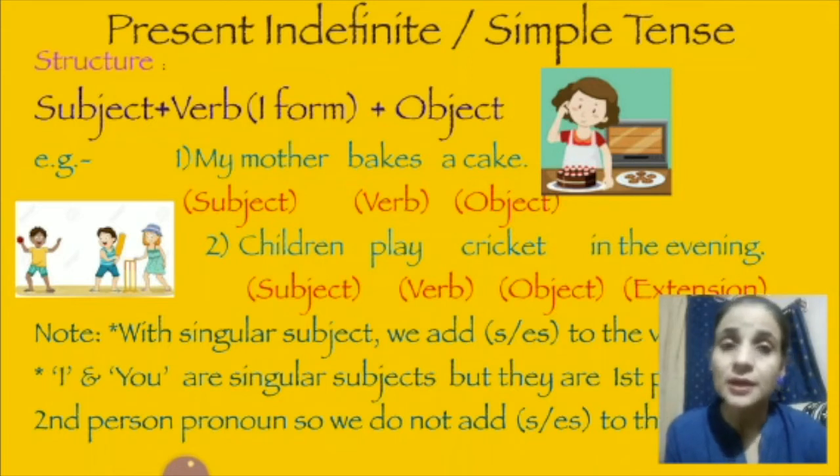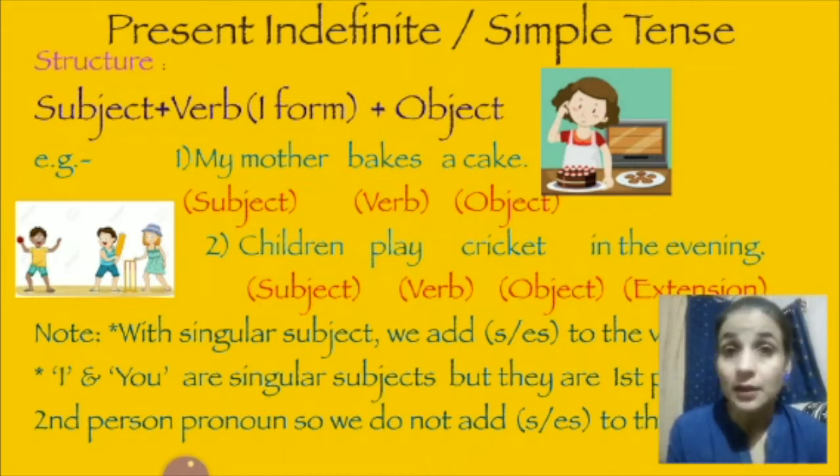Now children, can you see the difference between these two sentences? In the first sentence, the subject is singular, so we have used S in the verb form. In the second sentence, the subject is plural, so we have used only the first form. So you have to remember, in present simple tense with a singular subject, you have to use S or ES in the verb form.